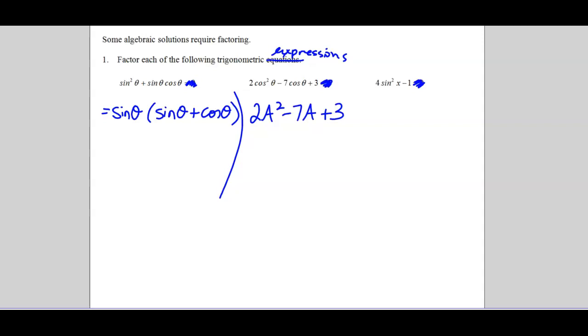So if you need to do that substitution to help you out, do it. There, where a equals cos theta. So two numbers that multiply to 6, add to negative 7. So that's going to be negative 3 and negative 1.